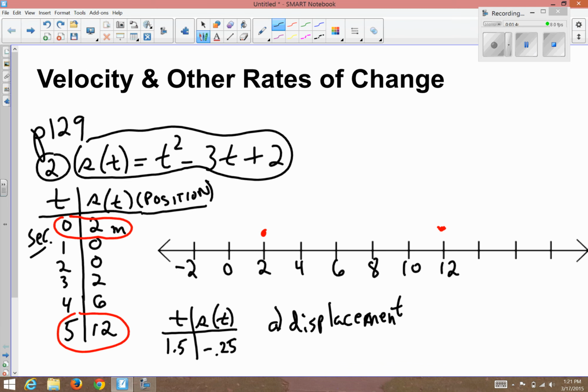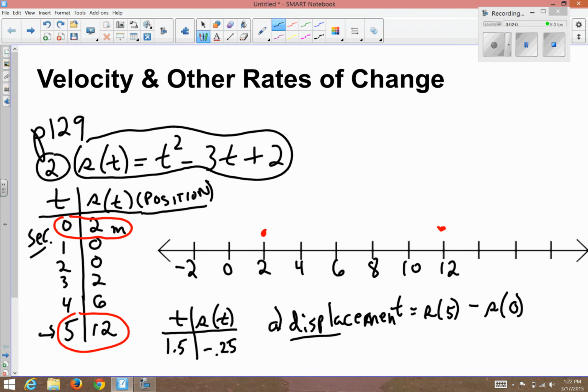That word means the distance from where it started to where it ended. In other words, it's the position at the end of the 5 seconds, minus the position at the beginning of the 5 seconds. That's what displacement means. The change in position.